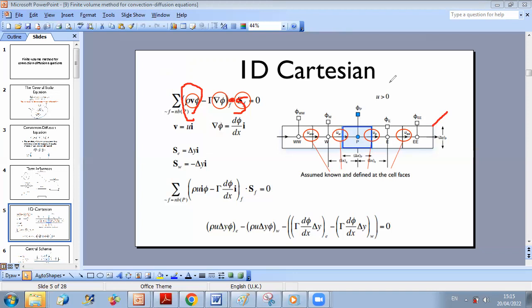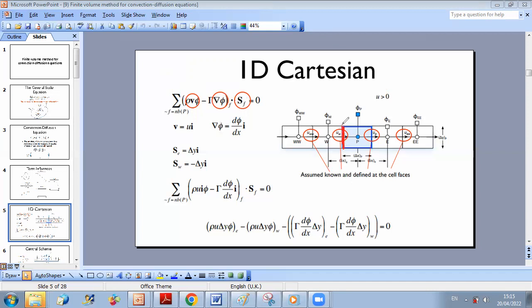So you can do the analysis per unit thickness, or you can say the thickness T, whatever it is, since there is no variation along the thickness, T will appear in all terms and will cancel out at the end. So I can define my surface vector at west.